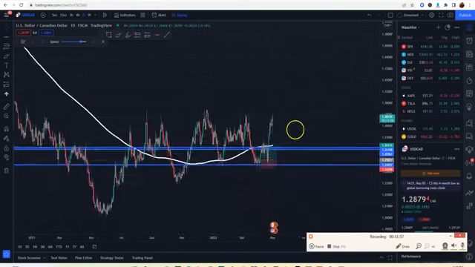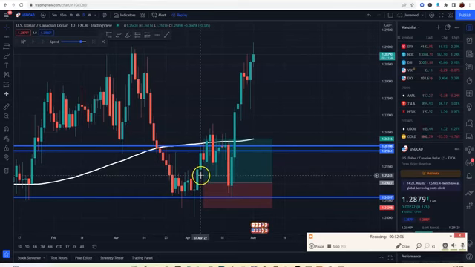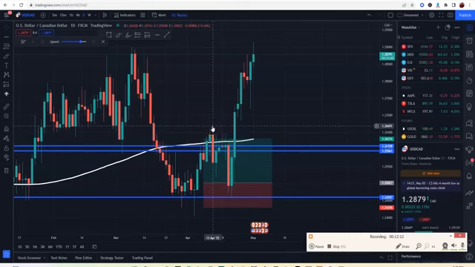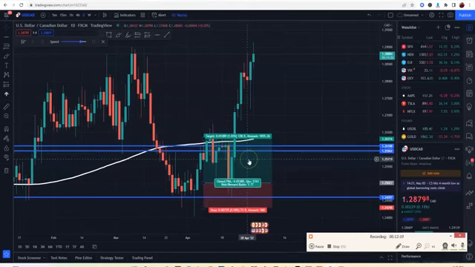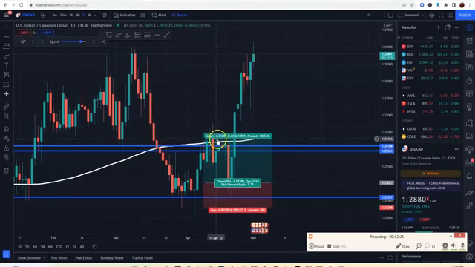You know, so you always want to look for confirmation, okay? So after the rejection, we got this candle engulfing, like I said, the previous candles. Then you got the second candle going up. So even if you got in here and took a nice little scalp there, you would have been good either way, right? Then we got another rejection here, which is still part of this zone here.